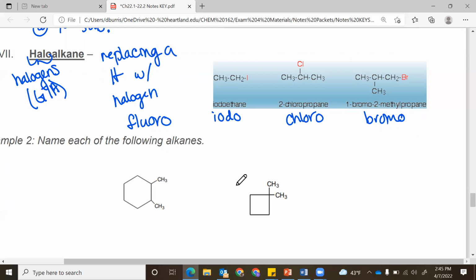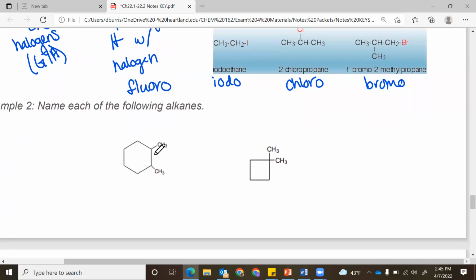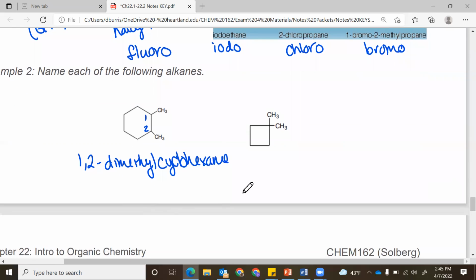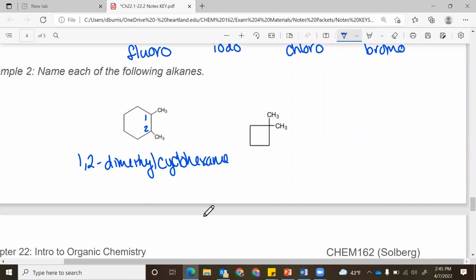So name each of these alkanes. Notice these are cyclos. So where would I start numbering on this one? Yeah, I would start with this one. You could start with the other one. Doesn't really matter. Just make your numbers as small as possible. So I would go 1, 2, and so on. So this would be 1,2-dimethyl, what? Yep, cyclohexane, because there's 6 carbons. Dimethylcyclohexane. And yes, that last part is all one word. Don't put spaces in there.